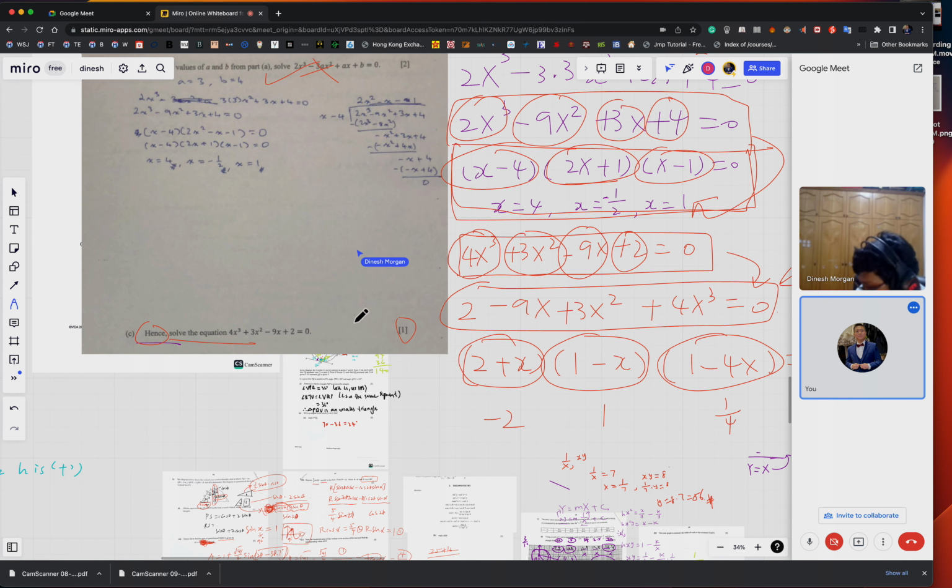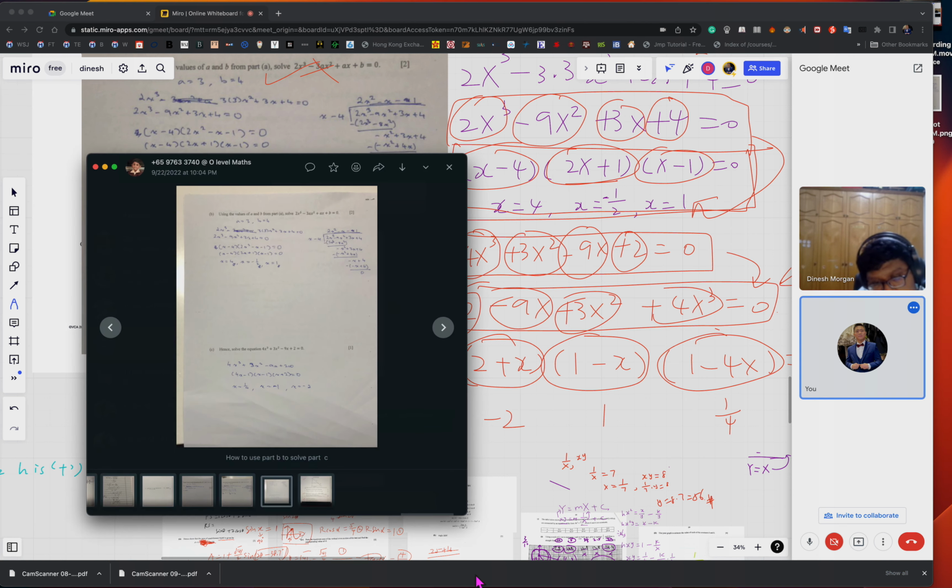So what I observe is the 2 minus this. And then just flip the coefficient, like you say, flip the coefficient. Okay, good.